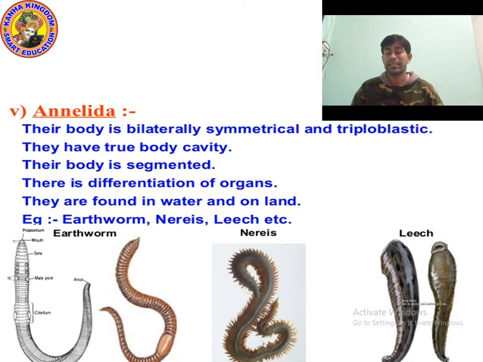If we talk about Annelida, their body is bilaterally symmetrical, and they also have a true body cavity. When I told you about Nematoda, you know that they have tissue but no real organs. But in Annelida, there is a differentiation of organs.